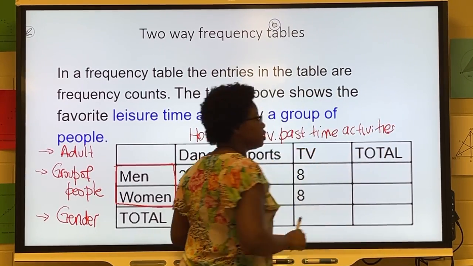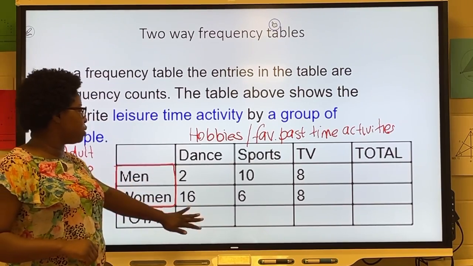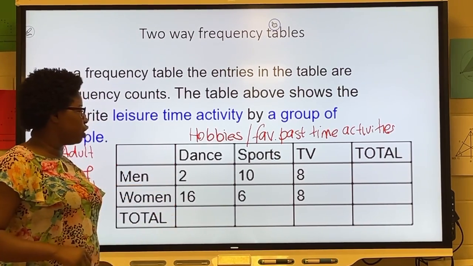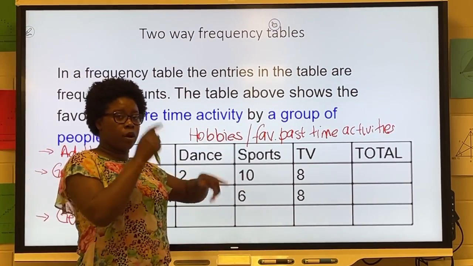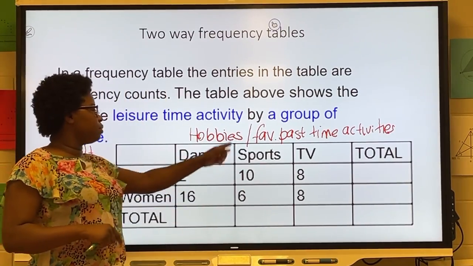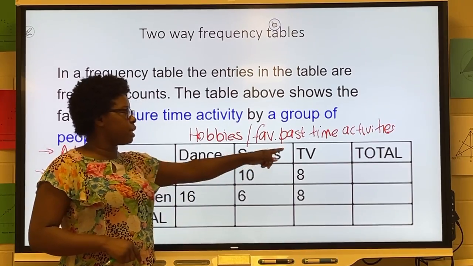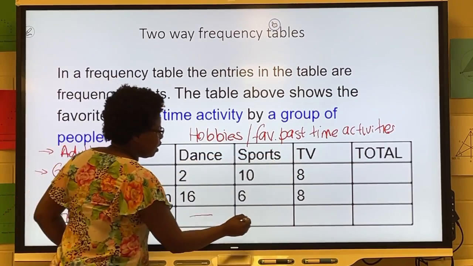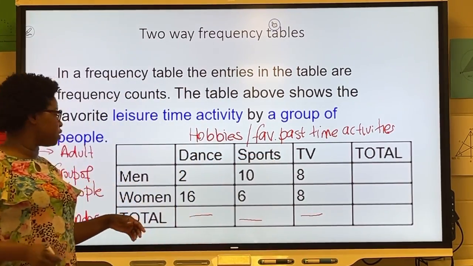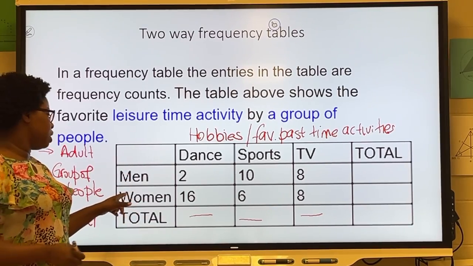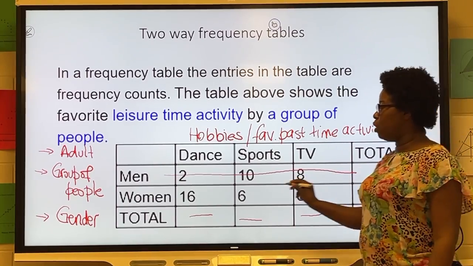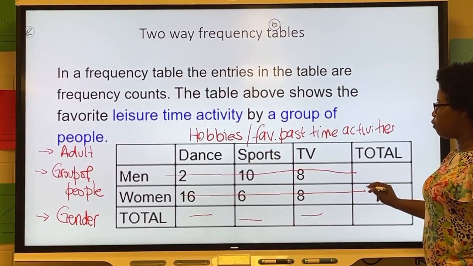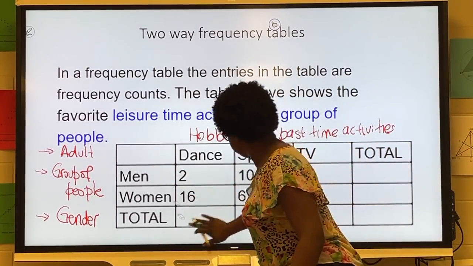When it comes to your two-way table, we have some totals that we pay attention to. It can be the total for your columns, the ones that go up and down. So your column total, which would be dance, sports, and TV, should be down here. Or you can focus on your row total. With the row total, you know the total amount of men, and you know the total amount of women in the sample.